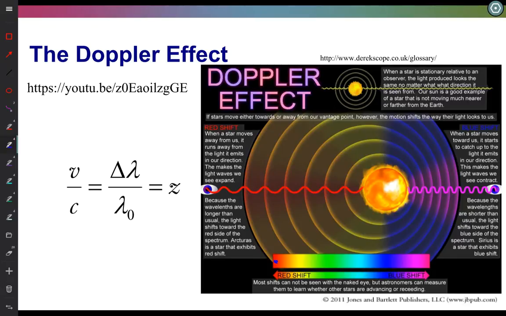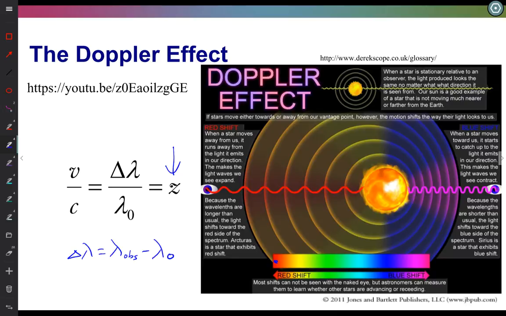But we can actually do physics calculations for how the wavelength changes with the Doppler effect. And so this Z here is a number to typify the Doppler effect. And that Z is the shift in wavelength, that is delta lambda is equal to the wavelength observed minus the wavelength in the laboratory.